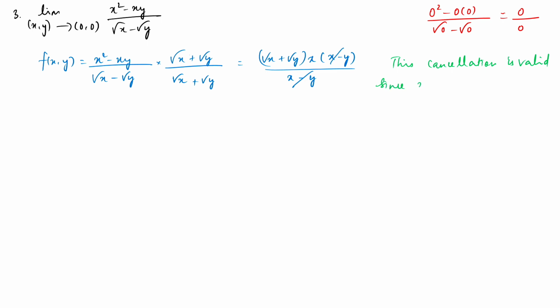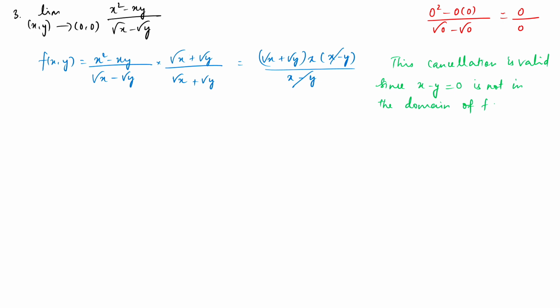Since x minus y equals 0 is not in the domain of f. What am I trying to say here? x minus y is not equal to 0, which means x is not equal to y.